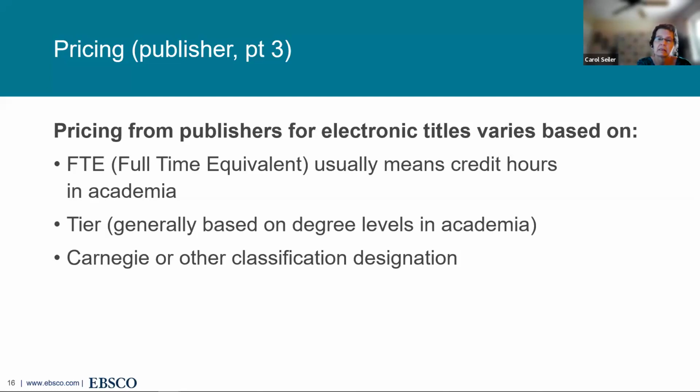And I say how many because sometimes it's not just do you have master level degrees, but how many do you have? If you only have one, you may pay less than somebody who has 10. Remember, may pay less. No guarantees here, everything changes. Or they could also look at Carnegie or other classification designation. Generally speaking, the publisher will use one of these, not all three.